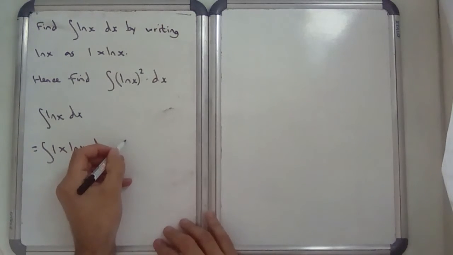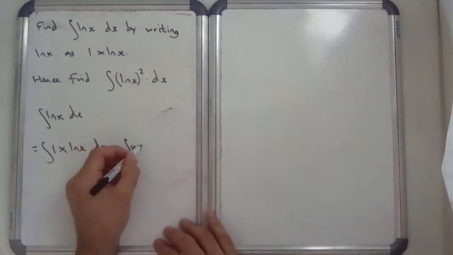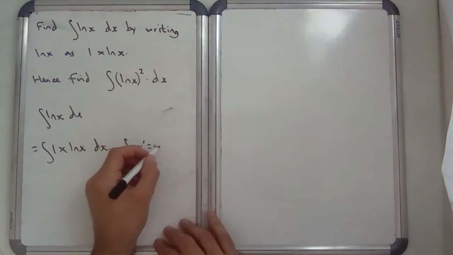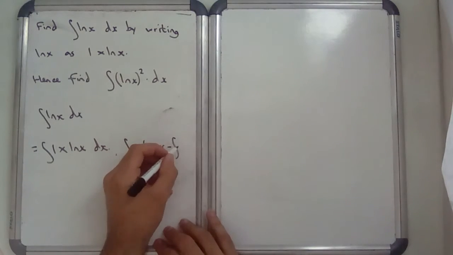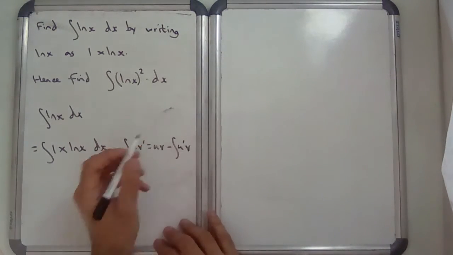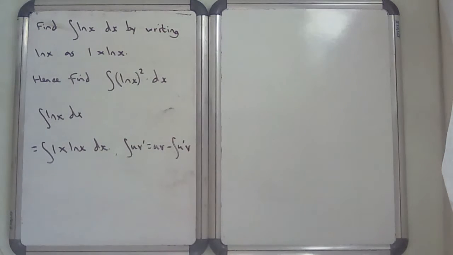Integration by parts, the formula is that the integral of u v dashed equals uv minus the integral of u dashed v. So we need to select a u and select a v dashed. The u needs to be something that's easy to differentiate, and the v dashed needs to be something that's easy to integrate.